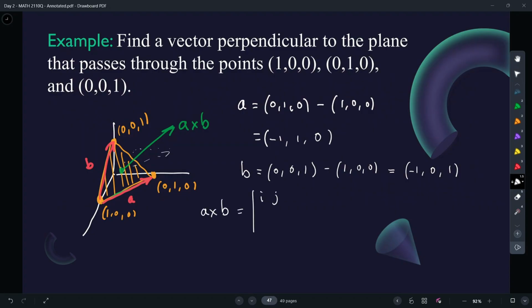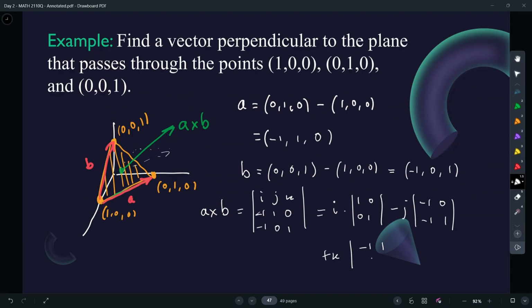So it's i, j, k, and then minus 1, 1, 0, and minus 1, 0, 1. That is going to be i times the determinant of 1, 0, 0, 1. That's called the identity matrix, by the way. j times the determinant of minus 1, 0, minus 1, 1, plus k times the determinant of minus 1, 1, minus 1, 0.